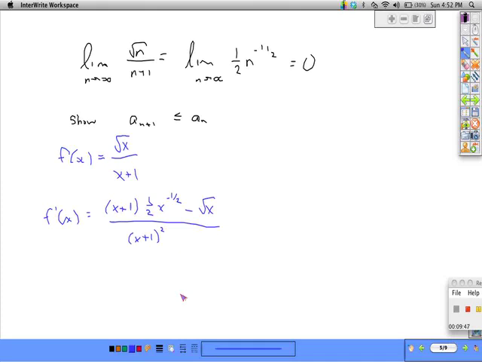And then, in order to simplify this, I want to essentially get a common denominator on the top, because the first term is x plus 1 over 2 times square root of x.